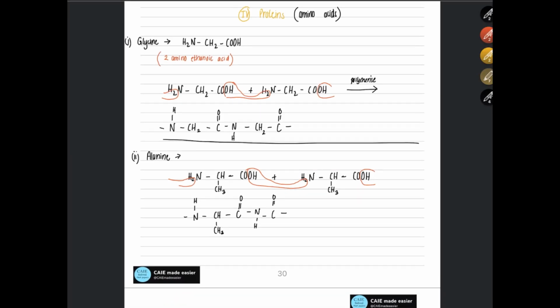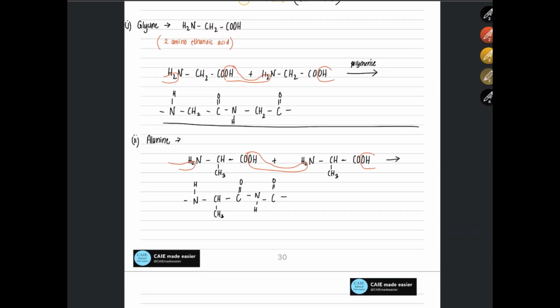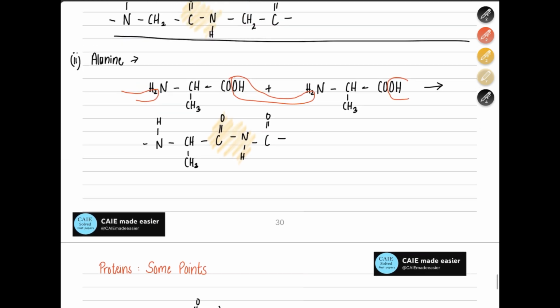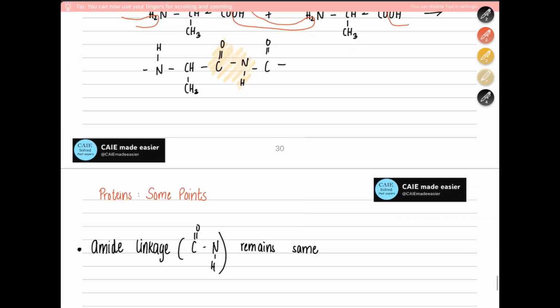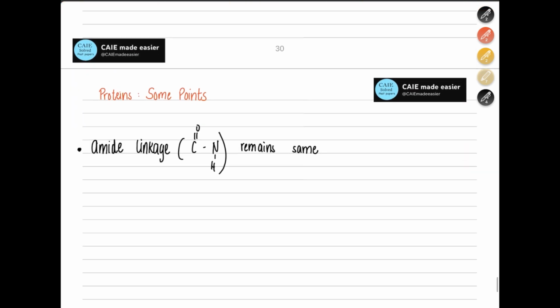Alright, so we performed condensation polymerization on two different types of amino acids. So what can we identify? We can see that we have amide linkages, right? CONH, CONH. The amide linkage in the proteins remains the same. However, all the change occurs at the carbon atoms.